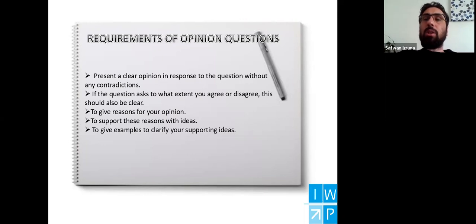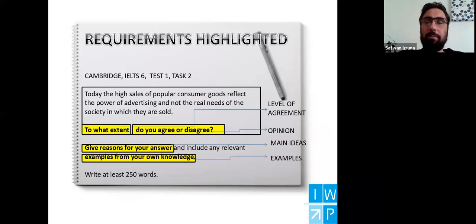So it's not just good enough to say it's bad for your health and that's it. We need to give one reason in each of the two body paragraphs, and we need to support these reasons with supporting ideas. Also, we need to give examples to clarify our supporting ideas.